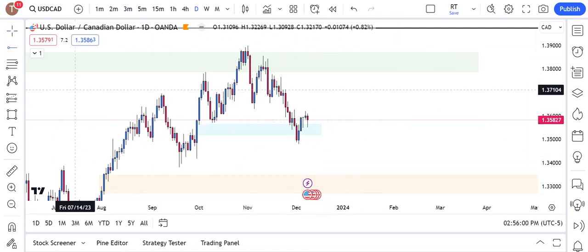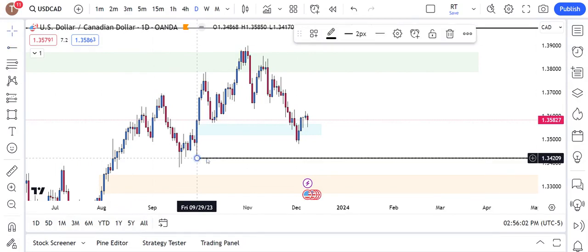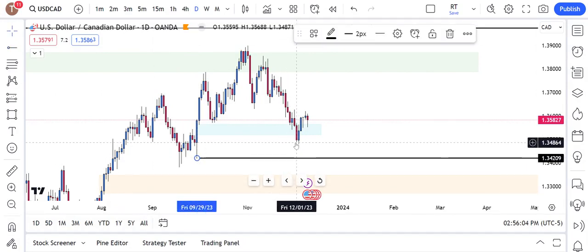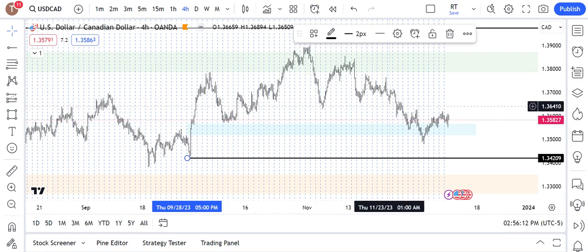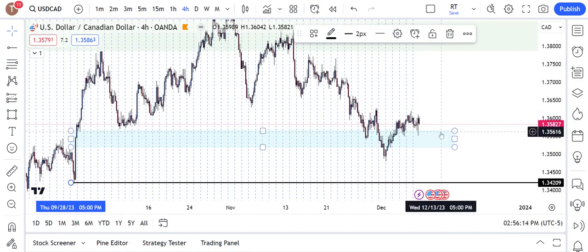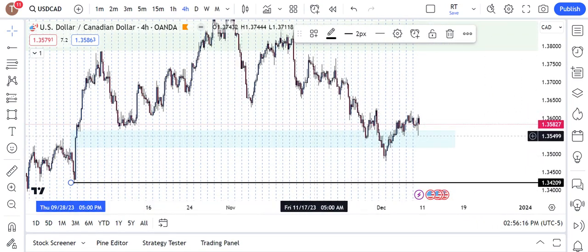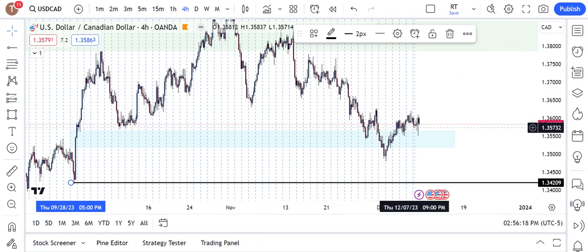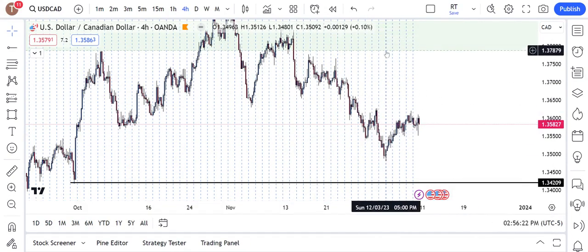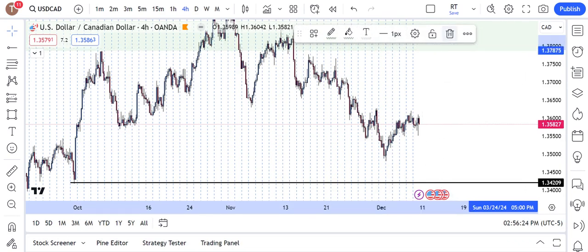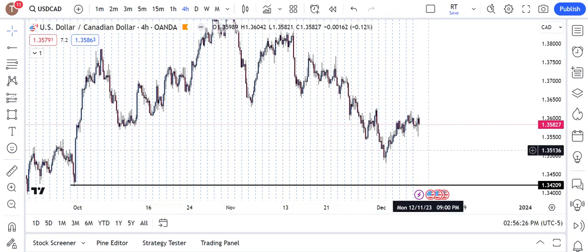All right, and then I do see some more liquidity here, as well as liquidity here from last week's buying. All right, so let's go down to the 4-hour. All right, so we have already identified this area, and we've identified this area, so I'm going to remove this drawing, and I'm going to remove this drawing as well so we can clear up some of this chart.